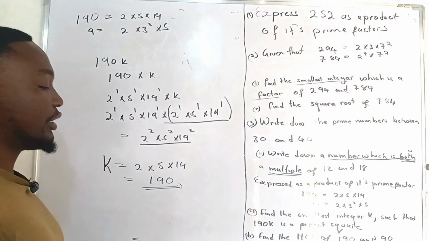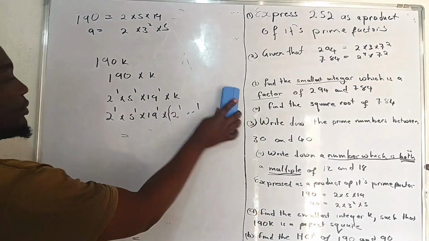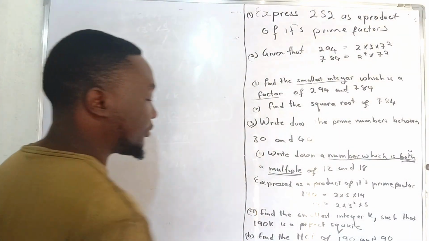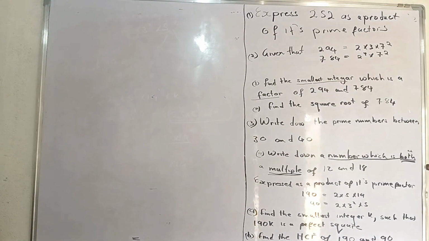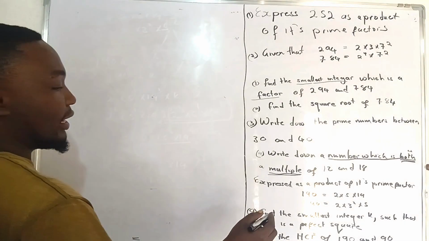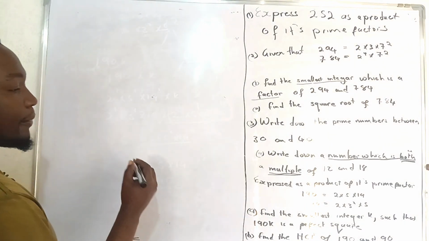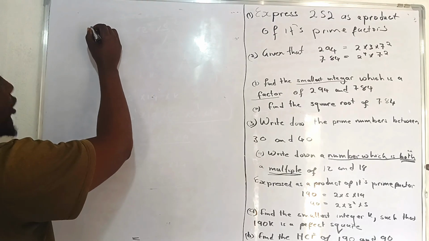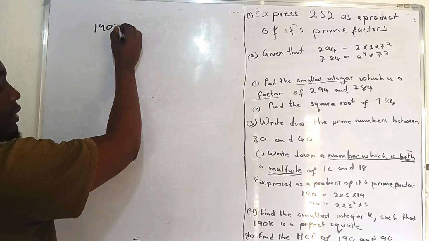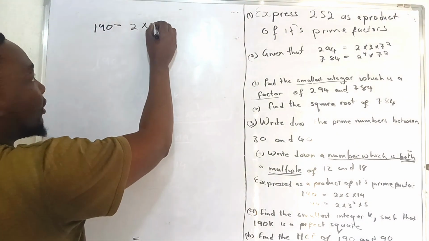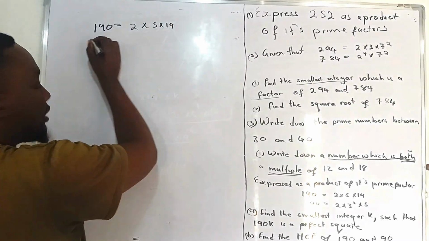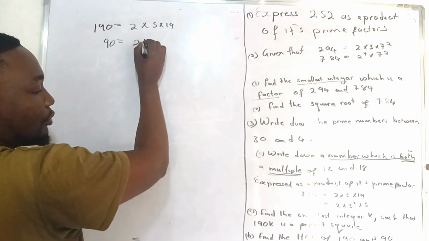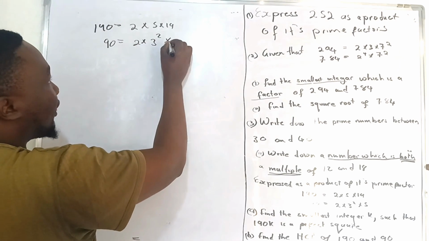Then the last question is to find the highest common factor of 190 and 90. You are already given that 190 is equal to 2 multiplied by 5 multiplied by 19, and that 90 is equal to 2 multiplied by 3 squared multiplied by 5.